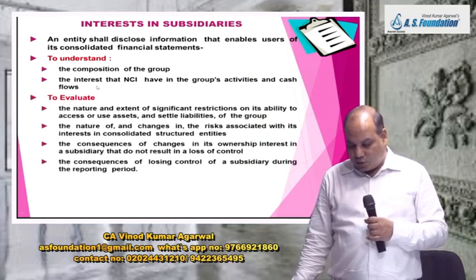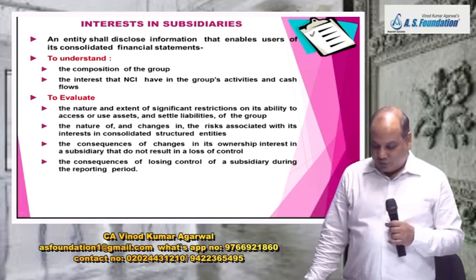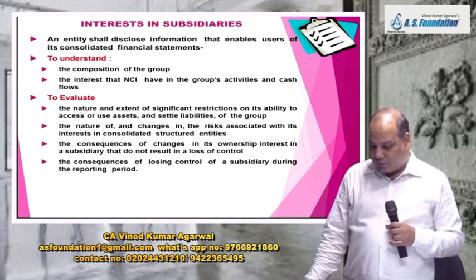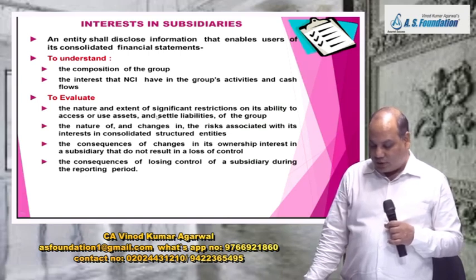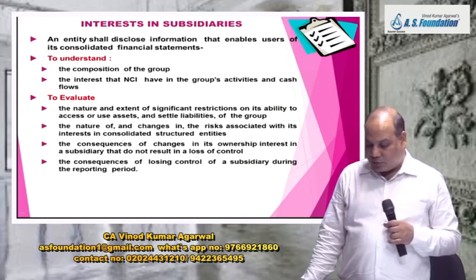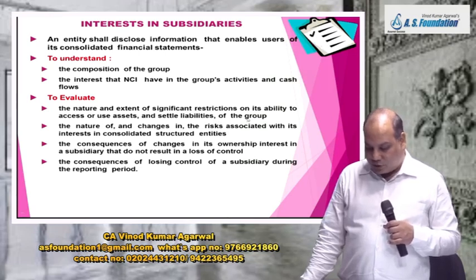And then the disclosure should help users to evaluate the nature and extent of significant restrictions. Nature means what kind of restriction it is, and extent means to what extent, how much significant restriction on its ability to access or use assets and settle liabilities of the group.